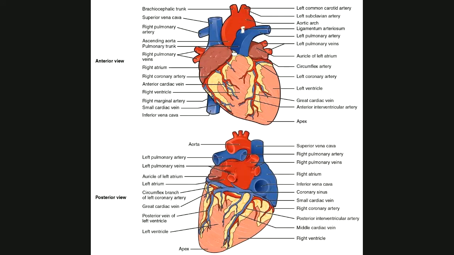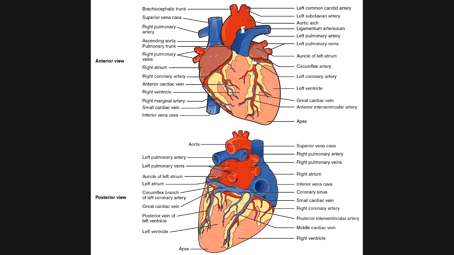Look, you can see these blood vessels which are located on the surface of our heart. The first blood vessels which come out of our aorta are called right and left coronary arteries. This is the right coronary artery, and on the other side you can see the left coronary artery.